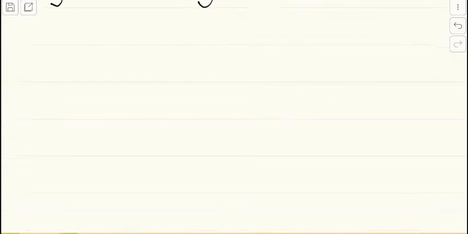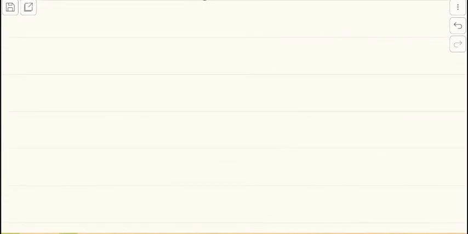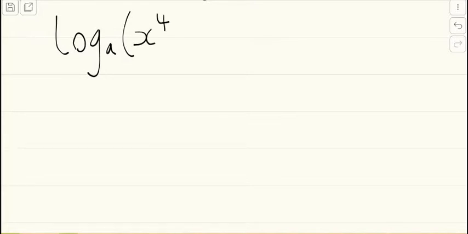Okay, let's look at another example. Let's take log to the base a of x to the power of 4, y to the power of 5. The first thing we notice is we have x's and we have y's.